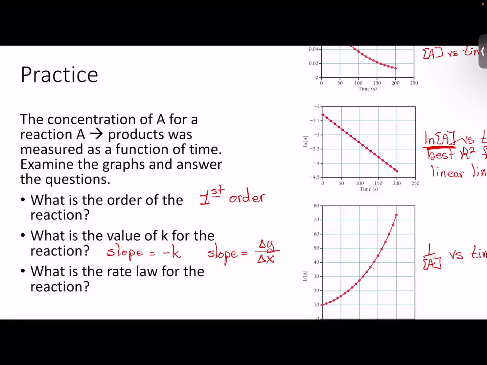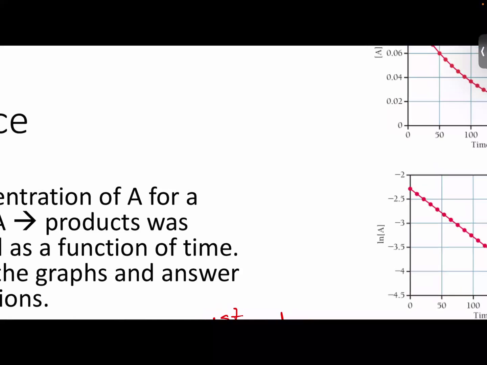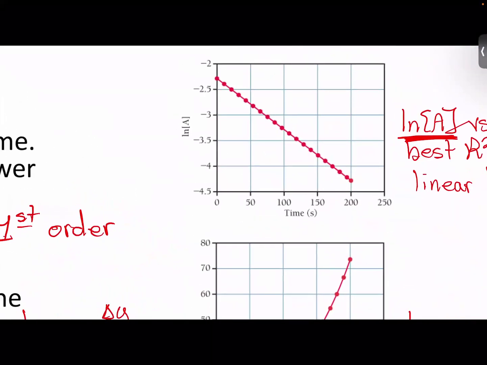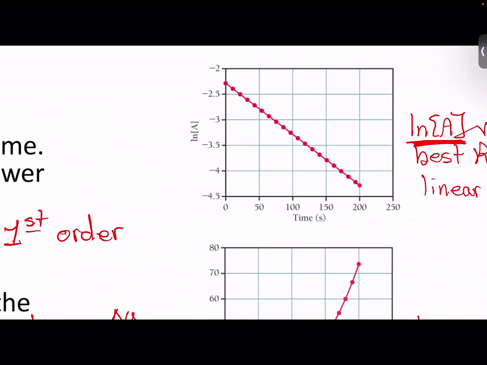So the first thing we're going to do is go to this graph and pick 2 points. And I like to pick points that are fairly obvious. It's not going to be perfect in this case because we don't have the calculation, but we can get it fairly obvious.